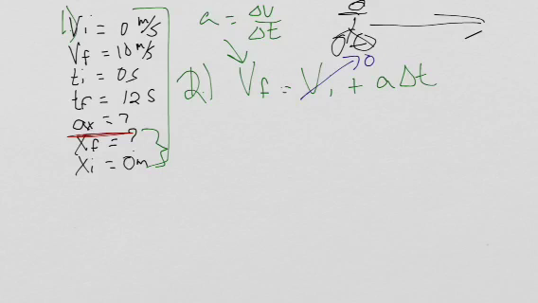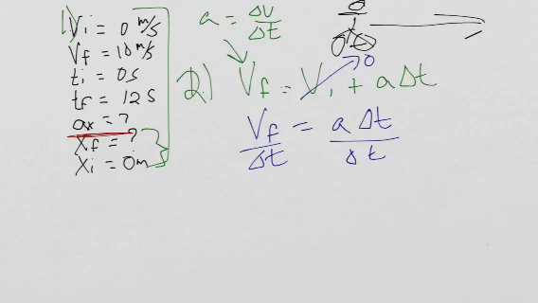If I rewrite this, I end up with V final equals A delta T. If I want to solve for A, I isolate the A. And look at that, you're left with this original equation rearranged. So that is what you used.